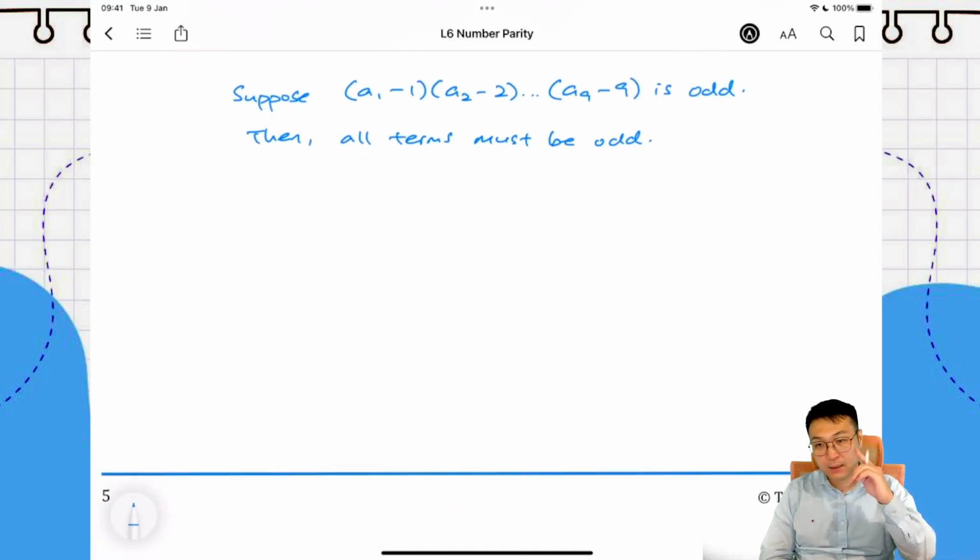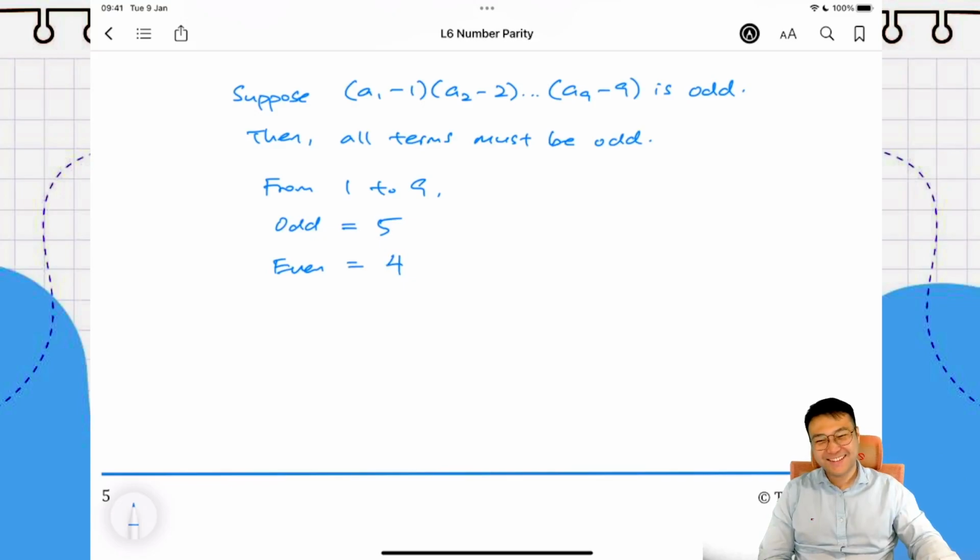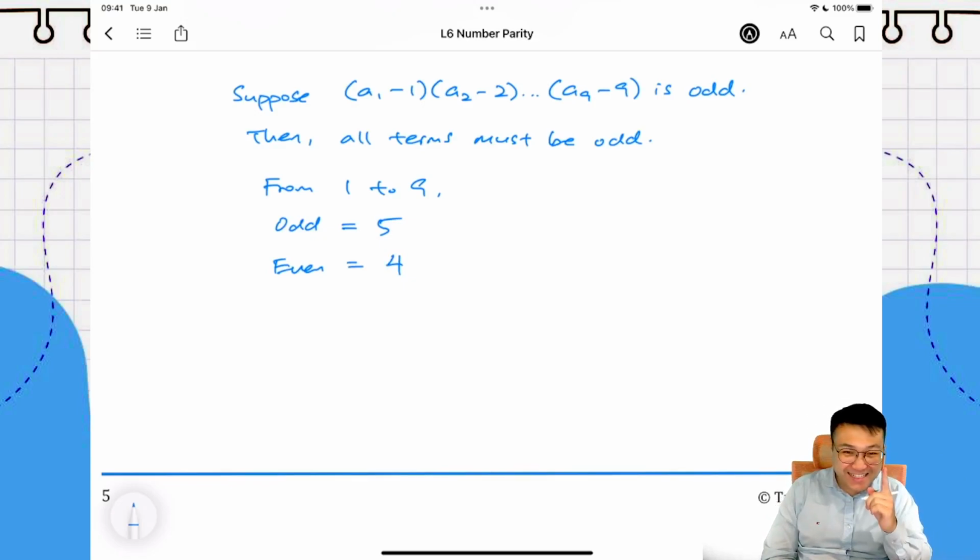Okay? Now, from 1 to 9, we know how many odd numbers there are: 1, 3, 5, 7, 9, that's 5. How many even numbers are there? 2, 4, 6, 8, that's 4. There are more odd numbers than even numbers, right?